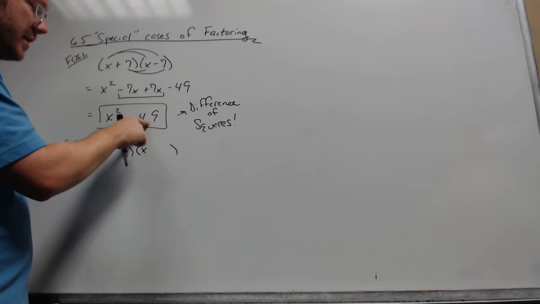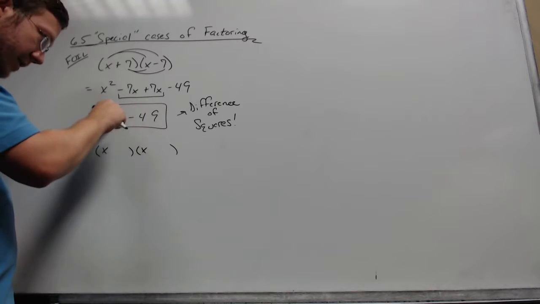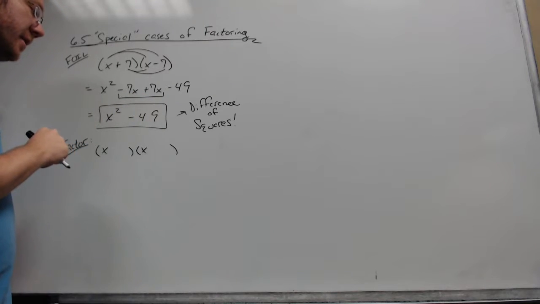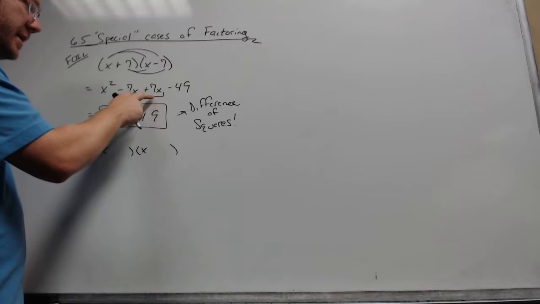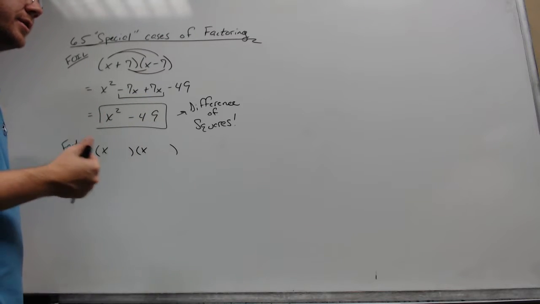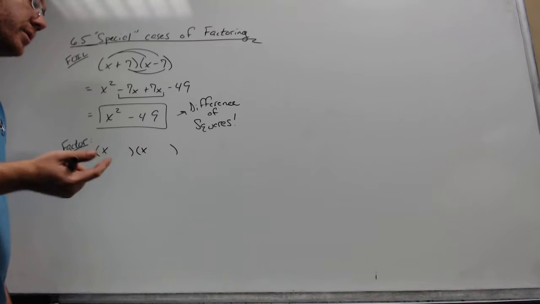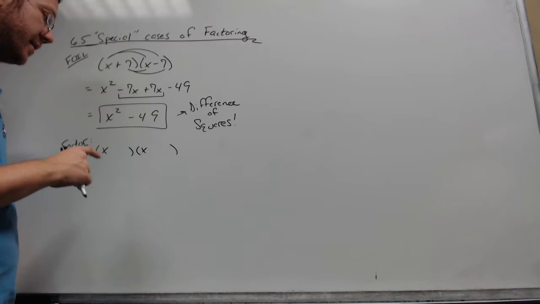Right? We also need identical pieces for 49 because we know the middle two terms have to cancel out. There is nothing in the middle here. And the only way for that to happen is for them to be identical. So 49, you don't have to think about, could it be 49 times 1? Could it be 7 times 7? I guess those are the only options. But you don't have to worry too much about it because you know they have to be identical.